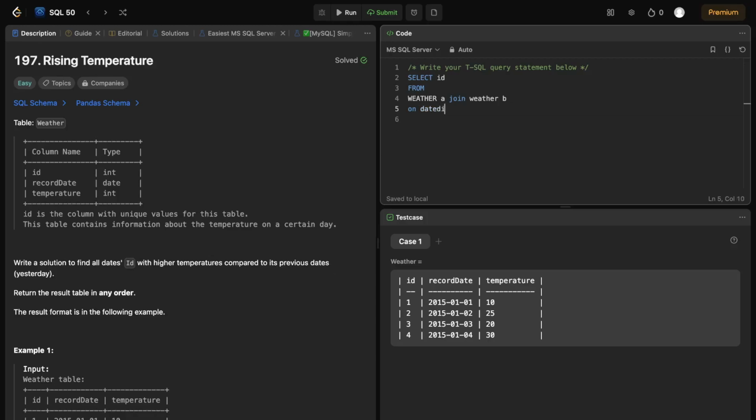For this we have a function called DATEDIFF.